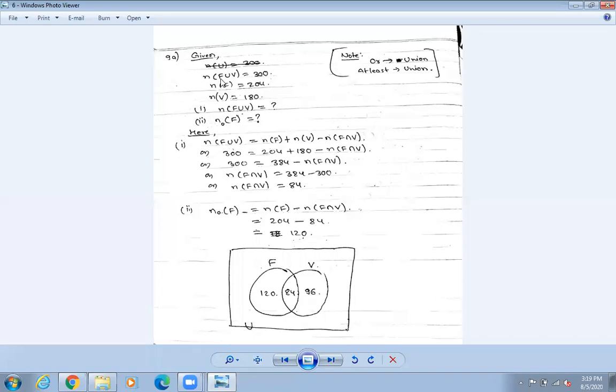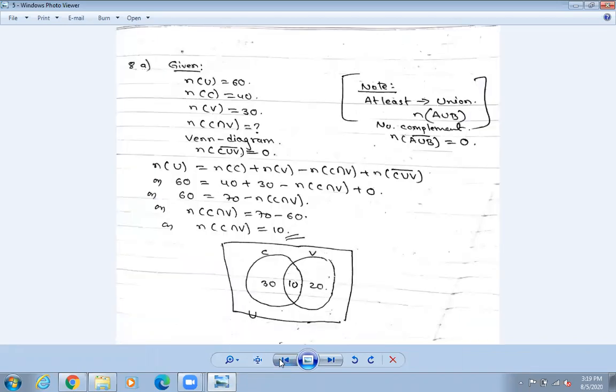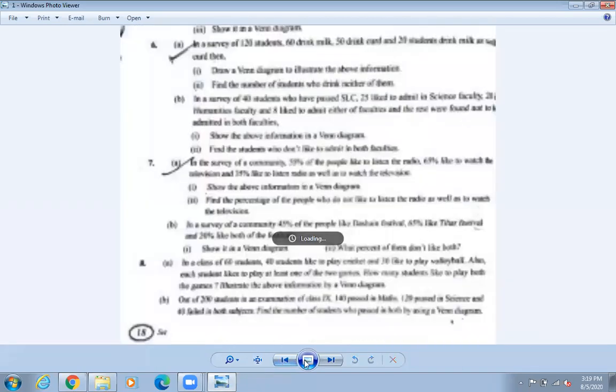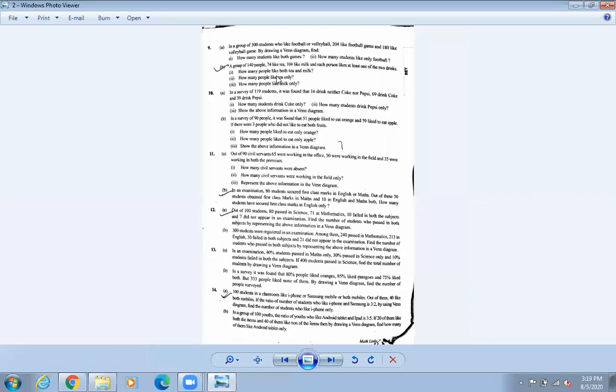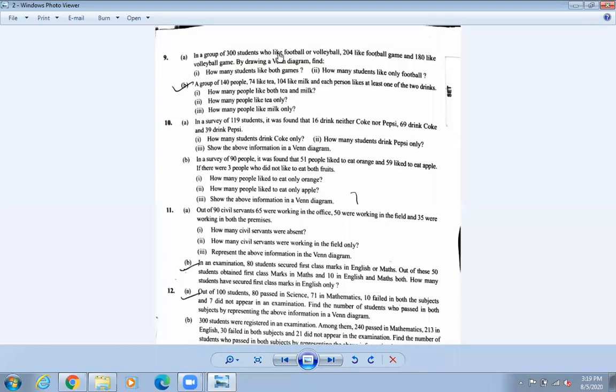So here it was written or. One more thing, let me explain you. If you see the question properly, in the group of 300 students who like football or, there is a sentence called or over here. So or bhancha bhane, it is also like at least or. Okay, or means also at least.